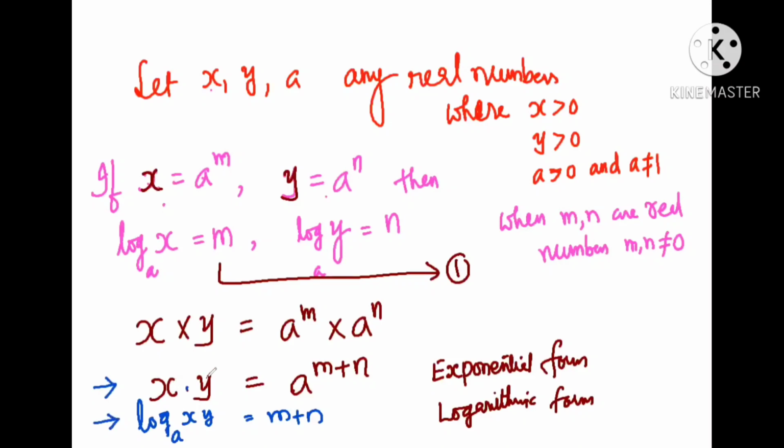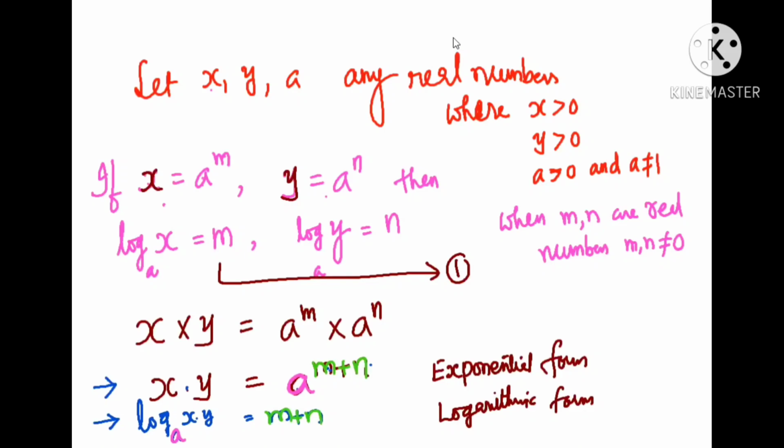Logarithm is nothing but the exponent for a particular base. For base a, this is equal to m plus n. I will show with different colors here. This is the base a, and here x and y, so here the exponents are m plus n.